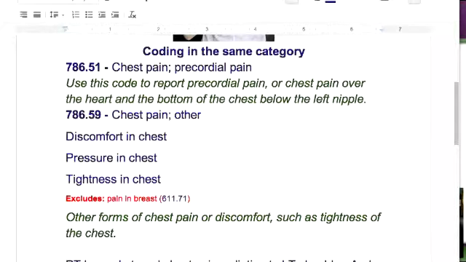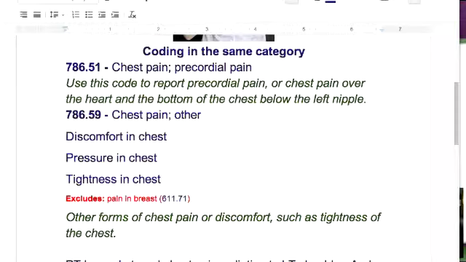Actually, both of those codes describe that. If you put in substernal chest pain, it's going to bring up 786.51 in your index, but it's also going to bring up 786.59 because they're in the same category, the .5 category.